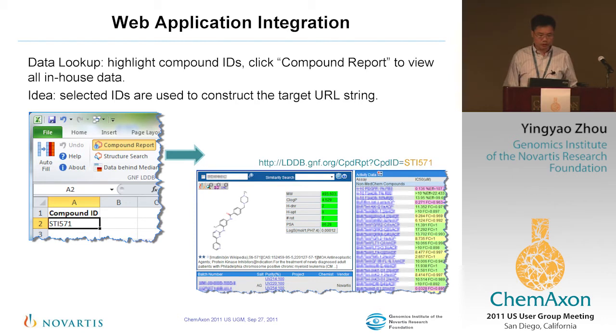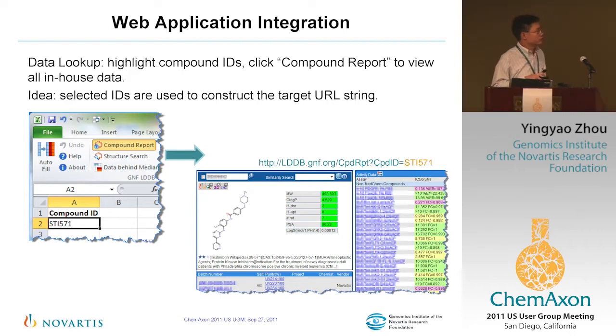So the first example is how we integrate data within Excel with our web applications. Probably the most popular of all the web applications we have developed is this one. We call it the compound report page. It's actually a very simple web application. You put in a compound ID, it grabs all the data we have generated within the company and displays it in a very compact, nice format.